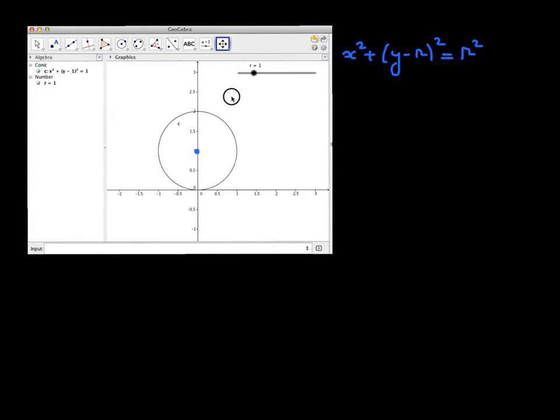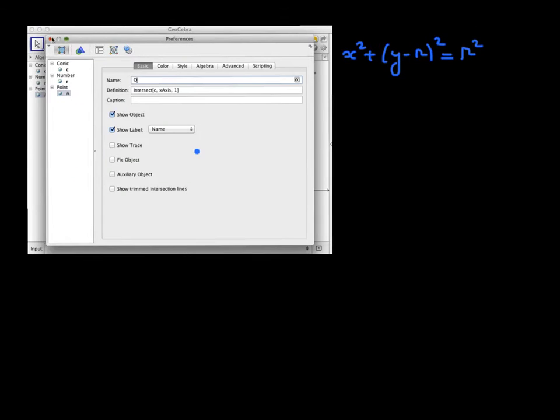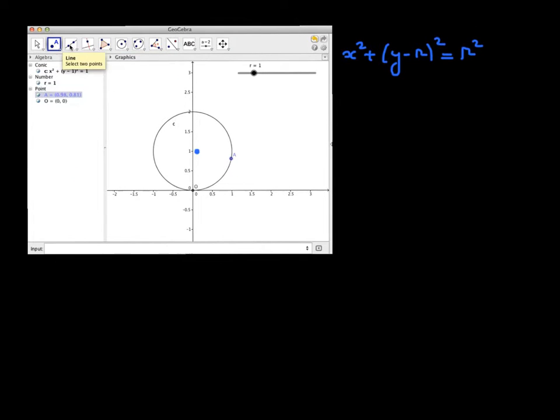Next, we took on this circle a point A, so let's consider the point A on the circle of coordinates (a, b). A is on the circle, so let's remember that a squared plus (b minus r) squared equals r squared. This is a pattern between the coordinates of the points A and B.